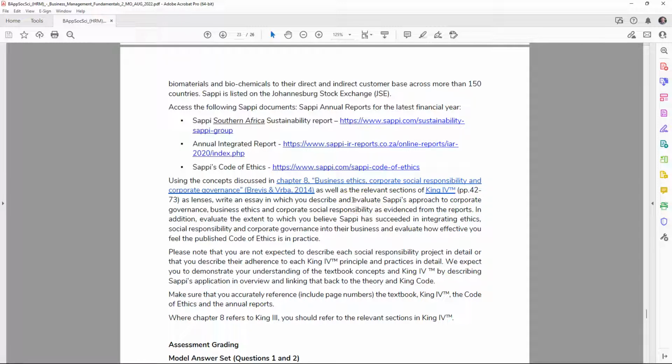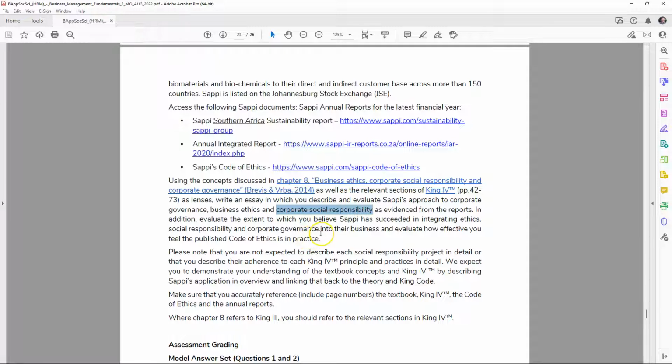So what we're asking is, describe and evaluate SAPI's approach to 1, corporate governance, 2, business ethics, and 3, corporate social responsibility. So there are 3 things that you need to describe there, and the evidence will be those various reports that I showed you earlier on.